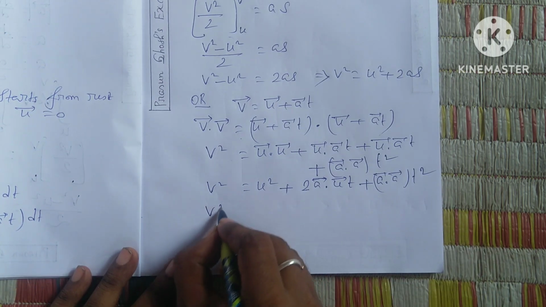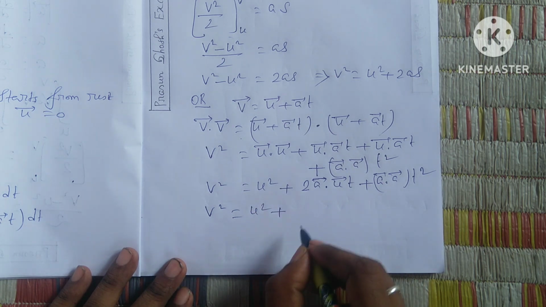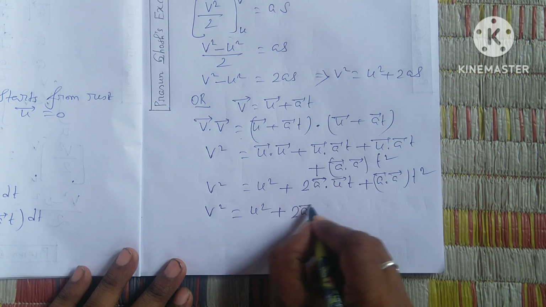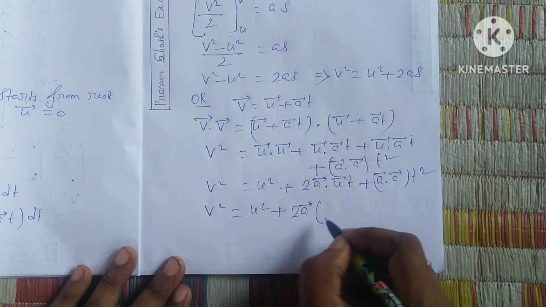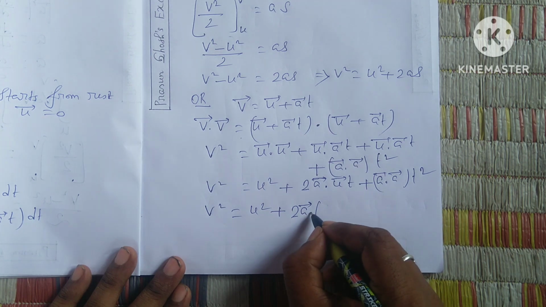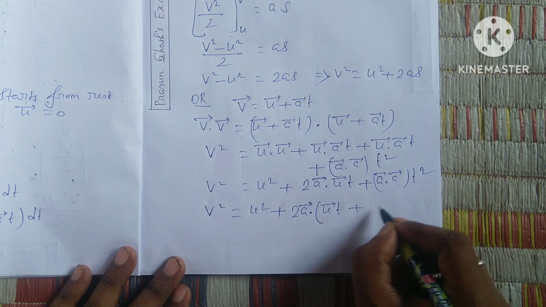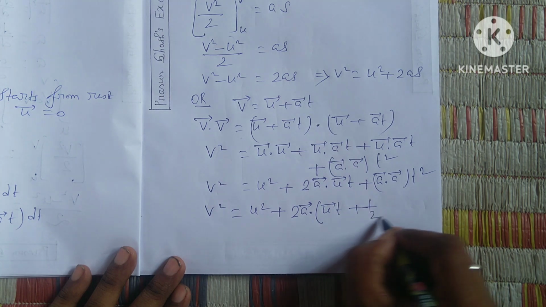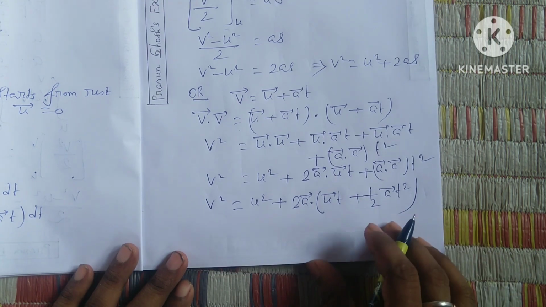So v square equals u square plus, taking 2a common, 2a dot (ut plus half a t square).